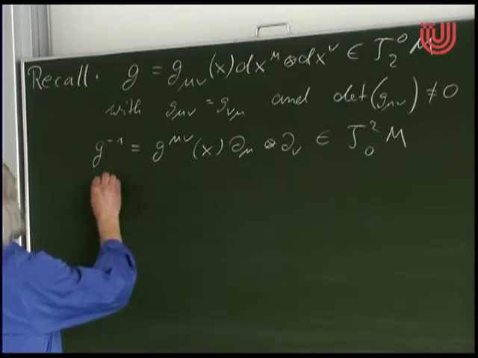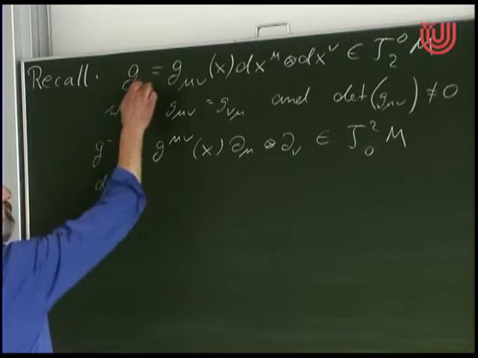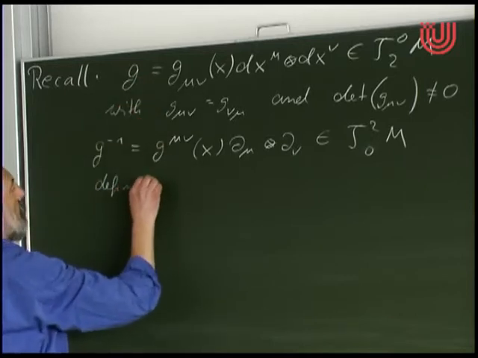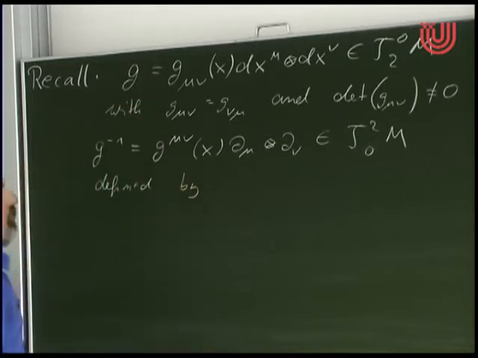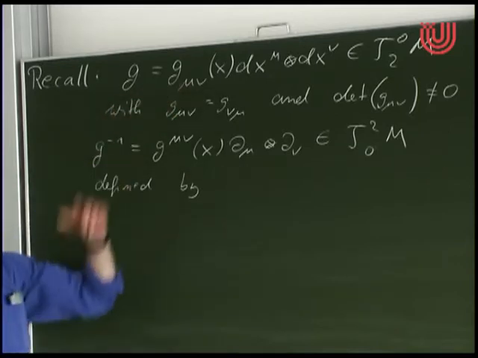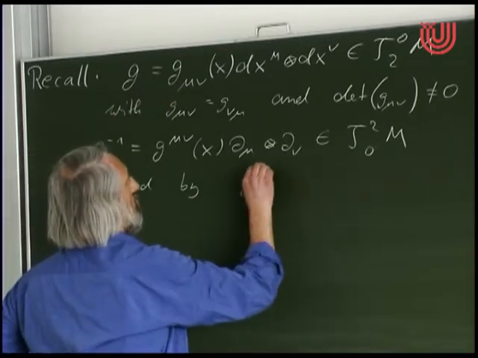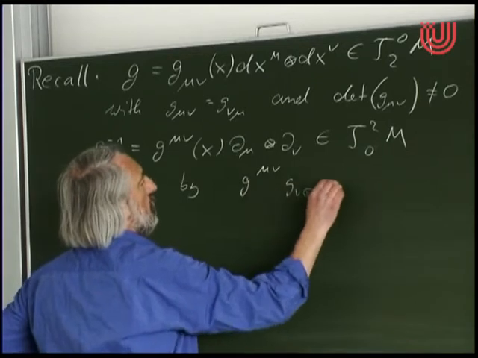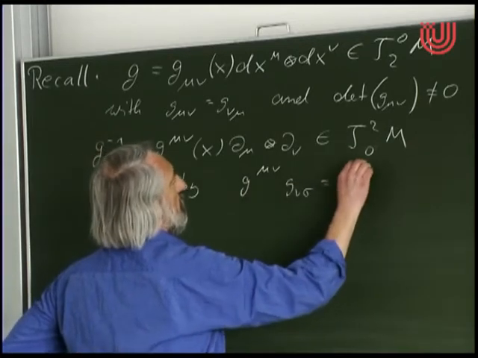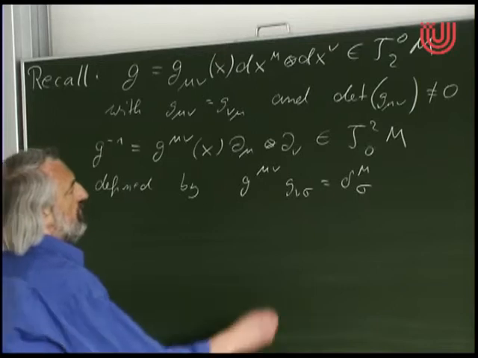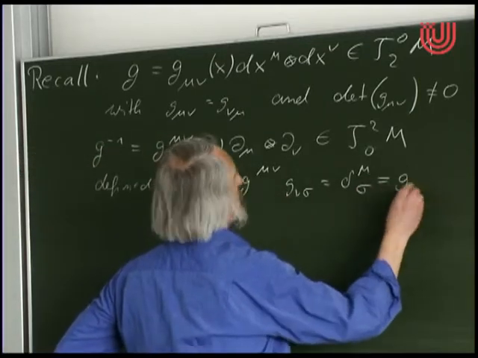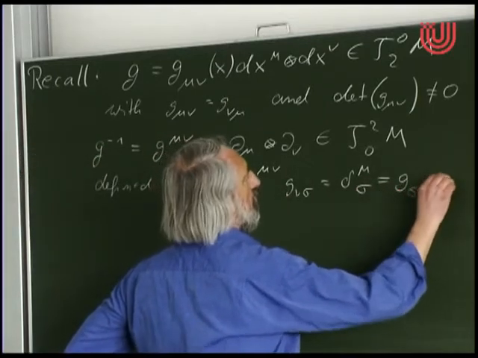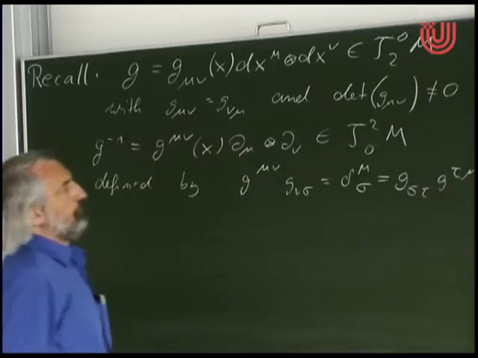And this is defined by, if I know this thing, then I can construct the inverse metric just by inverting the coordinate matrix. So g_μν g^νσ should be the Kronecker delta δ_μ^σ. And the same, of course, if I do it the other way around: g^στ g_τμ.